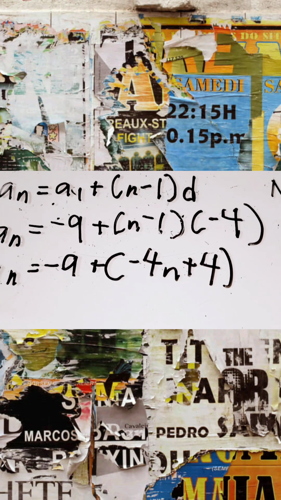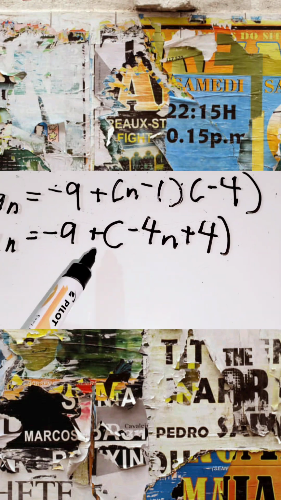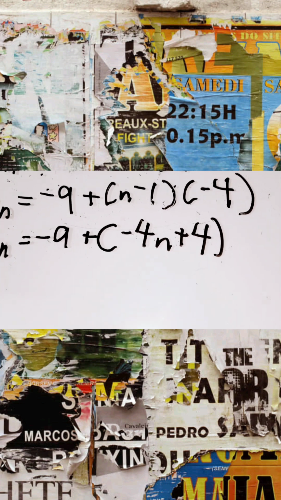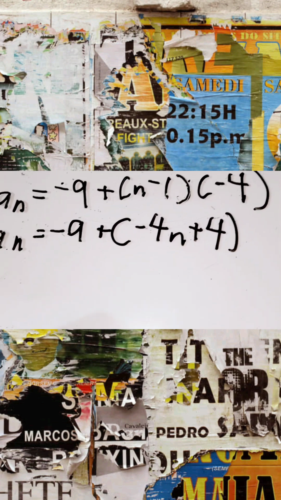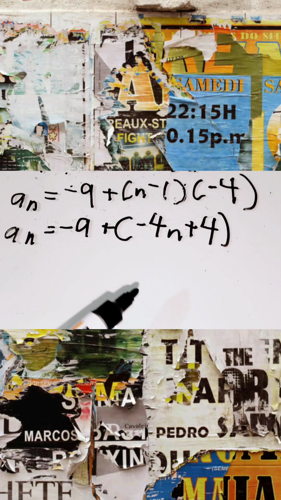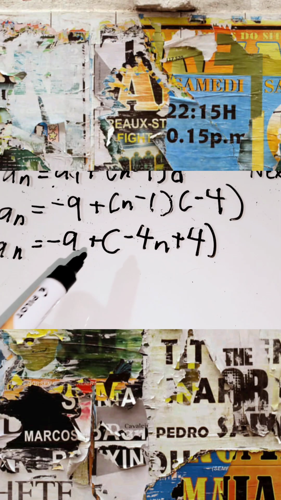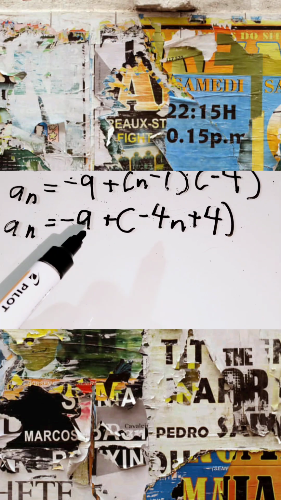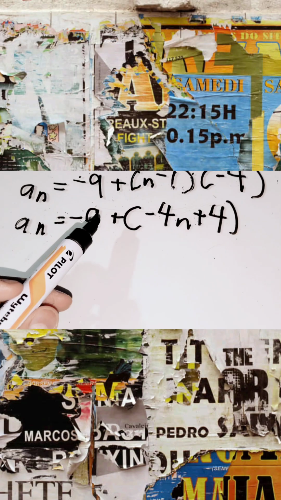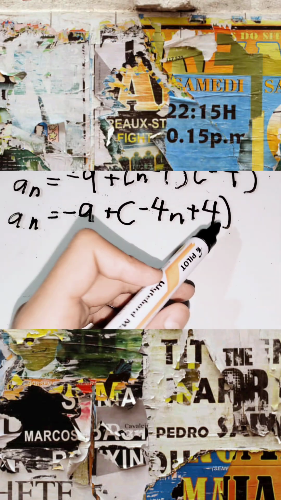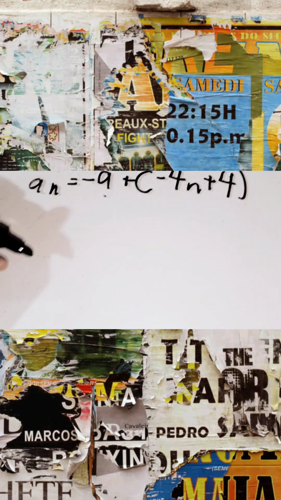After that, we substitute. So here, the final one. Now we're going to simplify further. So we're going to simplify the numbers, these two.